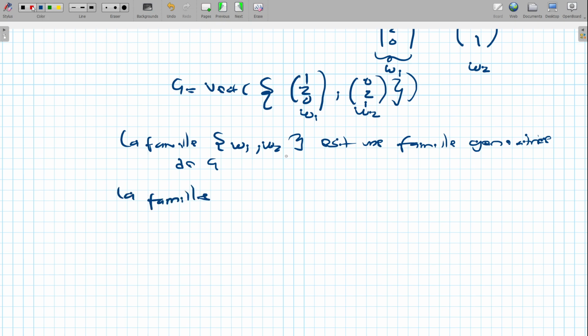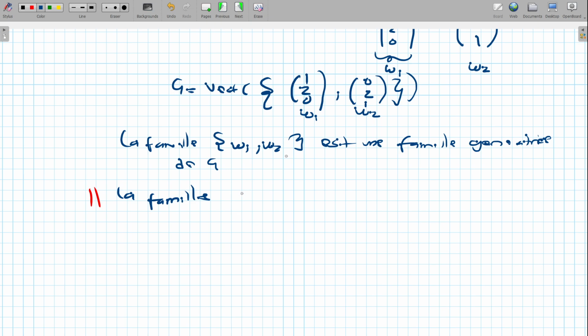So maybe I can remind you here that I've just checked and seen the vectors, and I've deduced, solved it in my head, that the vectors are not linearly dependent.